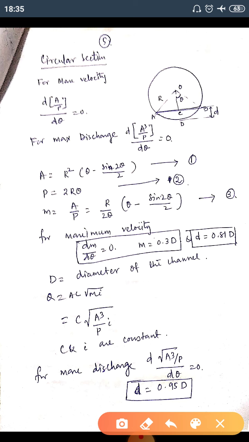When we put all the values and do the derivation, we get m is equal to 0.3D and small d is equal to 0.81 capital D. Capital D is the diameter of the channel. Q is equal to AC root mi, and from that we get small d is equal to 0.95 D for maximum discharge.